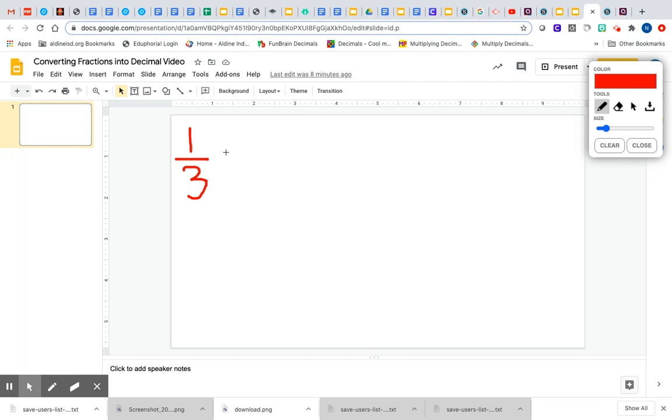So I know that 1 is my numerator and 3 is my denominator. Now, we also need to know which number is our dividend and which one is our divisor. And so 1 would be my dividend and 3 would be my divisor.